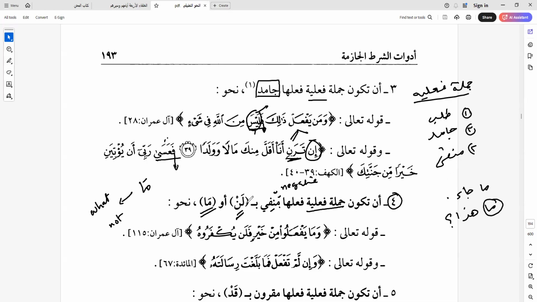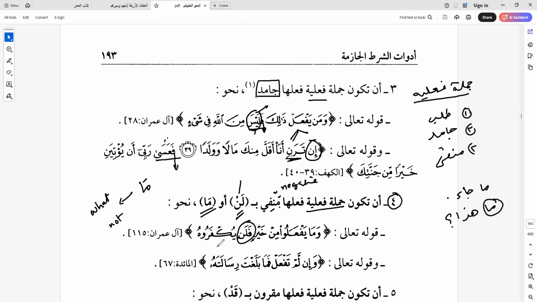So let's look at the example with lan and ma. قوله تعالى: وما يفعلوا من خير فلن يكفروه. Lan is negative, it will never. Whatever good deeds that they do, it's never gonna go to waste.